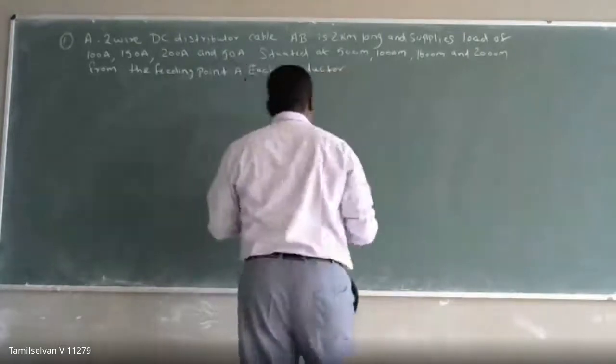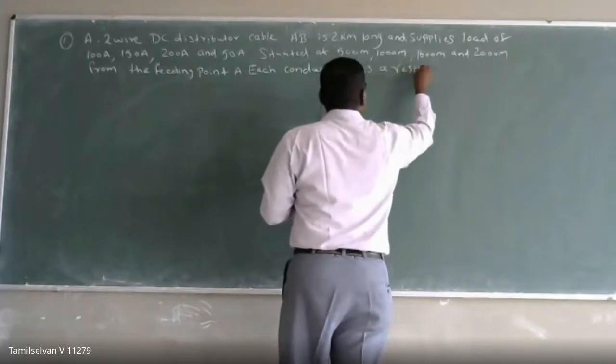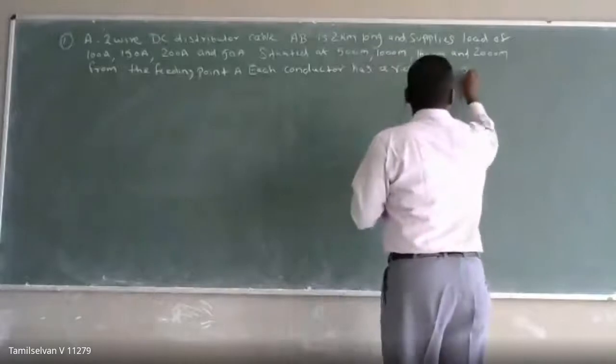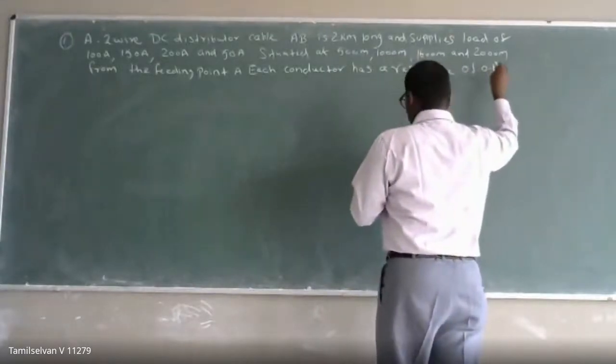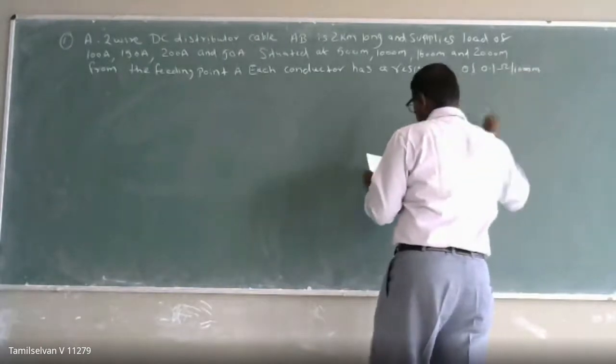Each conductor has a resistance of 0.1 ohm per 1000 meter.